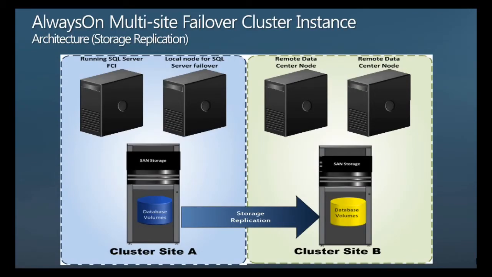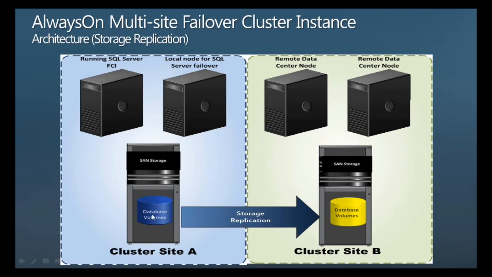So here is an illustration of how the multi-site failover cluster instance works during a disaster recovery. Here inside site A, you can see we have a 2-node SQL Server failover cluster instance. They are using one shared storage here. On site B, which is the DR side, we also have a 2-node failover cluster instance sharing the same kind of storage.